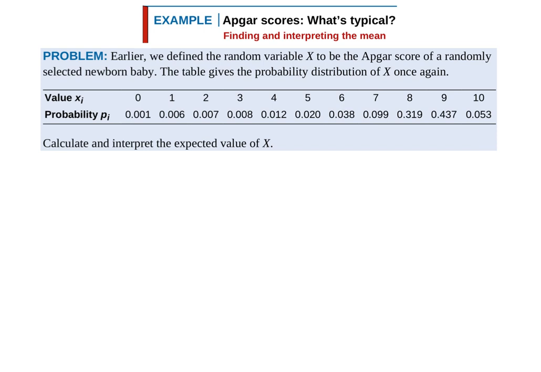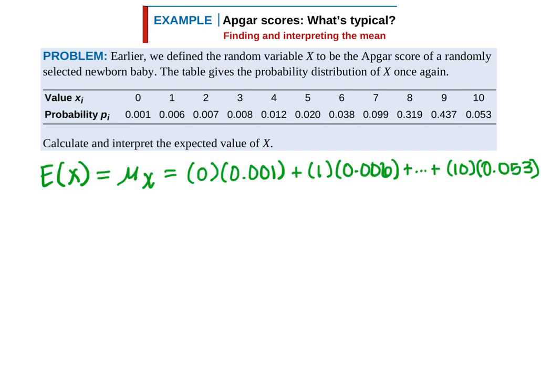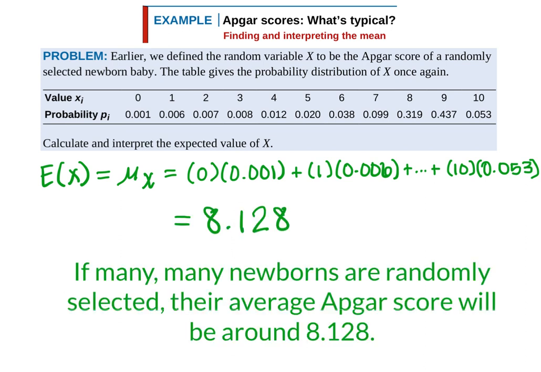I'm going to add all those values together, and that should give me my mean, or expected value, of this distribution. We can call that capital E of x, so that's my expected value. You could always do the mean value here, a little mu of x, because that is our value of xi. And like I said, going to do 0 times 0.001, et cetera, up till 10. So let's figure out what that is.